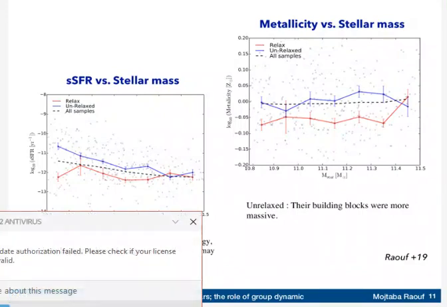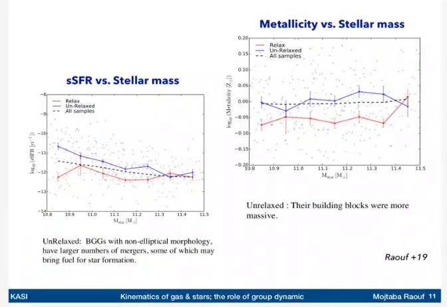We have the lowest metallicity for the BGG of the relaxed systems, which lack recent major mergers, and the merger rates differ by 2 gigayears in the peak. Also, we have a higher star formation for the massive galaxies located in the unrelaxed systems compared to the relaxed one.